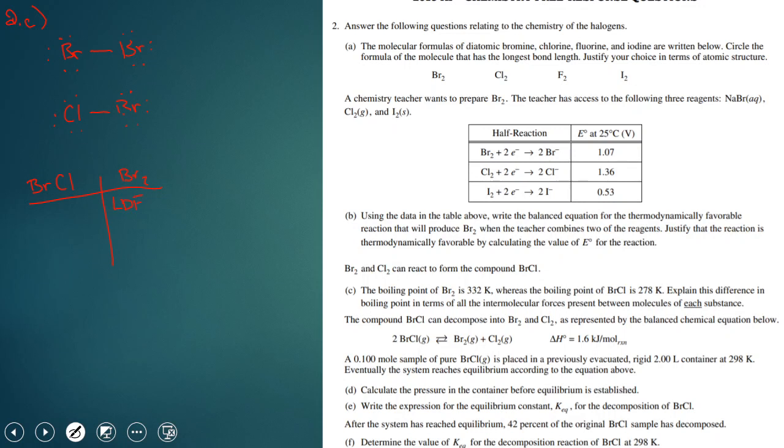So recall, our London dispersion forces are the forces present in all molecules caused by the shifting of the electron cloud, which causes minuscule and momentary electronegativity shifts in the molecule. They're constantly changing and they're very, very weak. Keep that in mind. BrCl has LDF, obviously, but if you consider the electronegativity as well, you'll see that there are actually dipole-dipole forces.